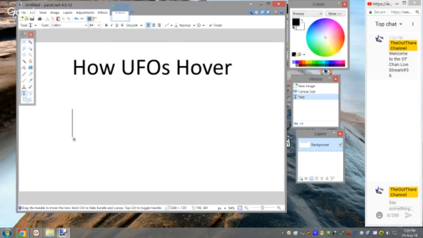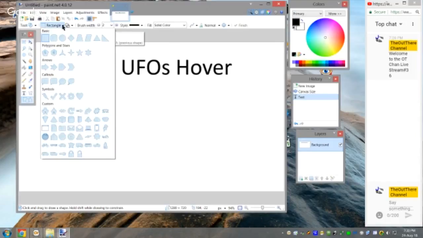So, first of all, what are the most common shapes of UFOs? Normally, the ones that are most common seen, which the shape does matter, and what I'm going to explain anyway.